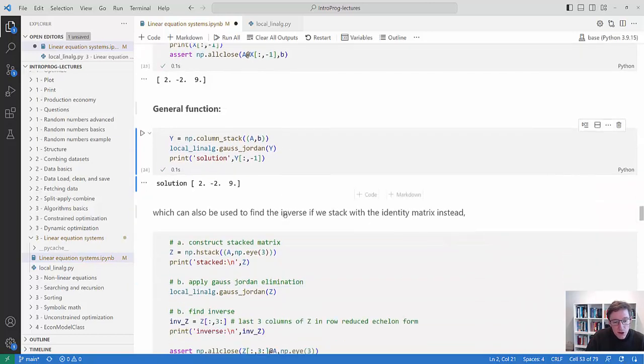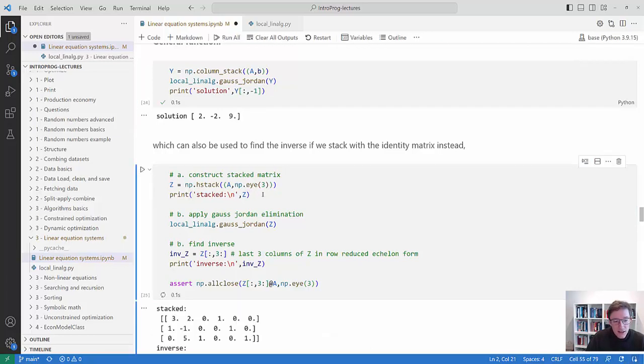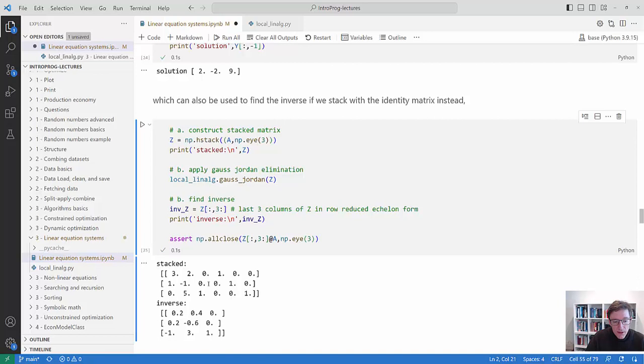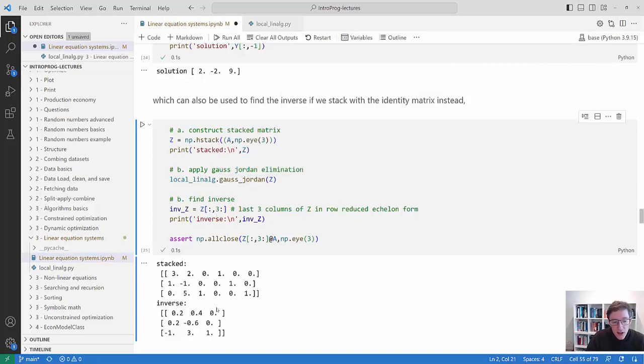The same approach works if you want to have the inverse. You just stack an identity matrix instead. So you take our A matrix and you stack in column terms an identity matrix to the right. And then you can use the same Gauss-Jordan elimination, and now the last 3 columns here will be the inverse matrix.